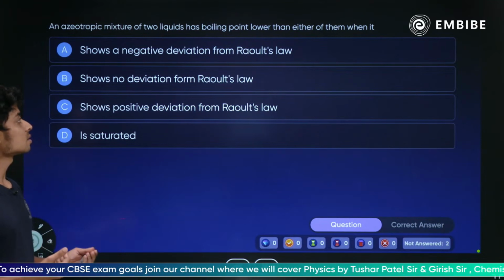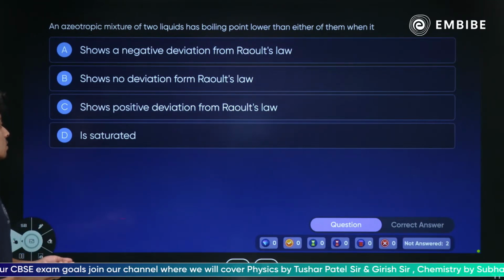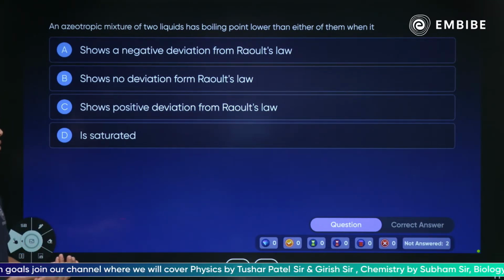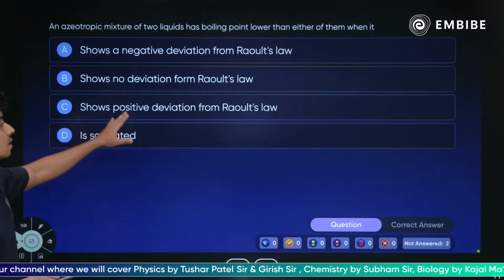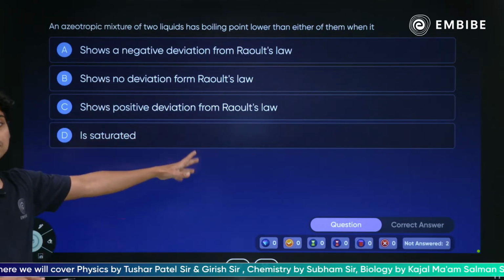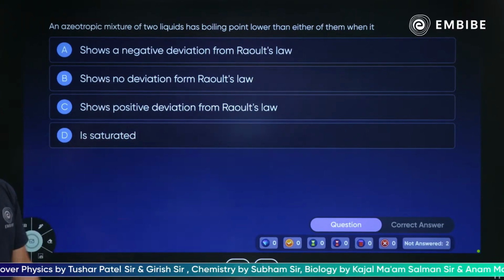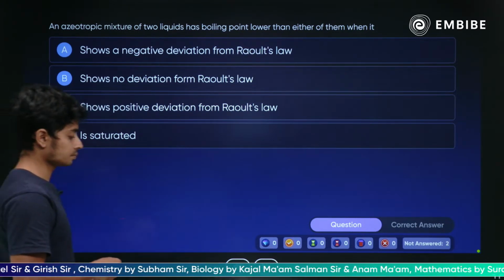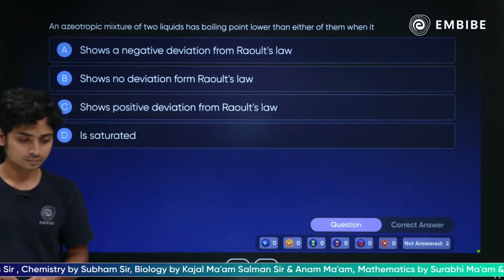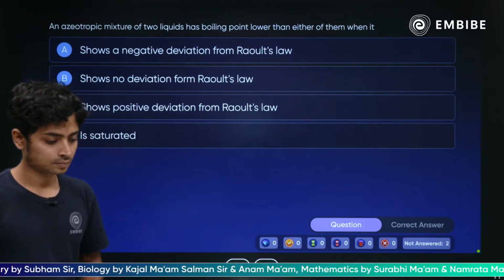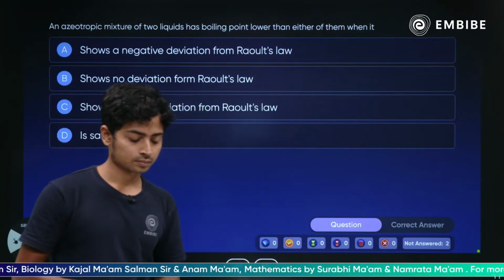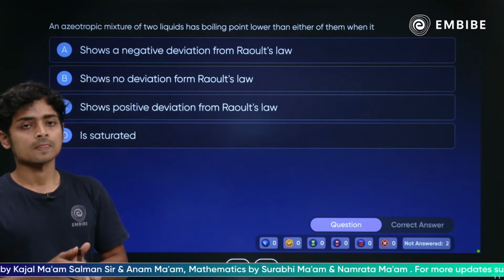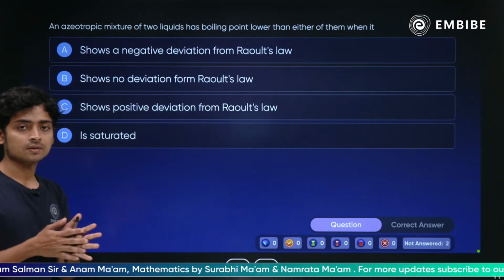So will they show any deviation, or they won't, or they are just saturated? These are your four options A, B, C, D. You can type in chat which one you think is correct.